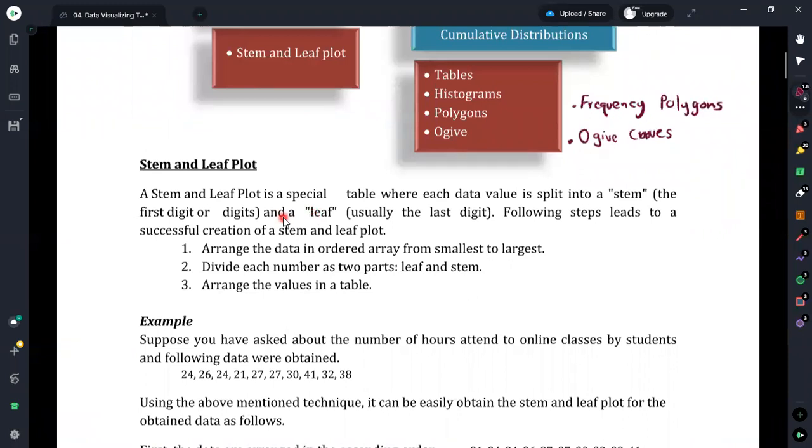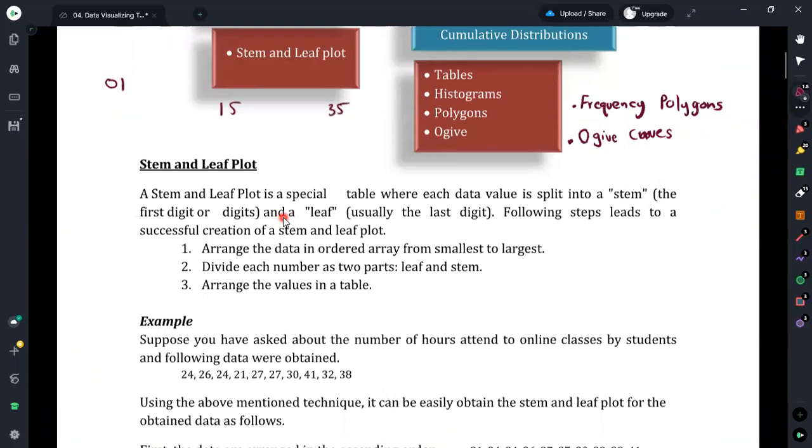Suppose I take 2-digit numbers first. I will have a set of numbers, say 01, then another number 15, and another number 35.